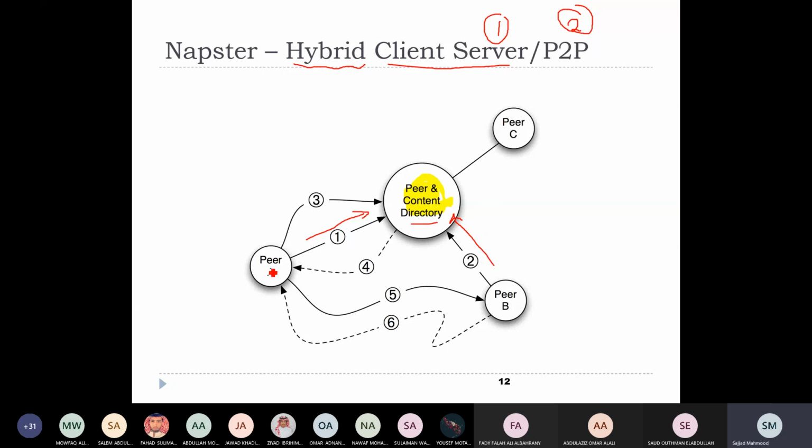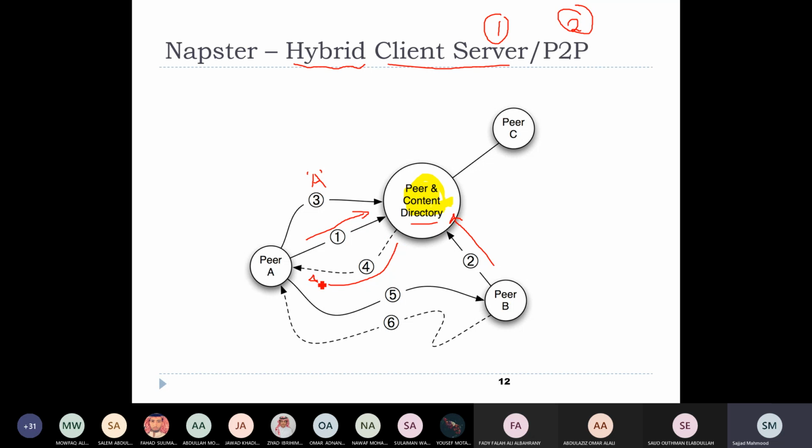Now let's say peer A is looking for a music file, file A. So he will send a request to the peer and content directory and ask, hey, I'm looking for file A. Do we happen to have file A available in our Napster system? Because it's aware of all the content of the different peers connected to the content directory, it will say, yeah, no problem.